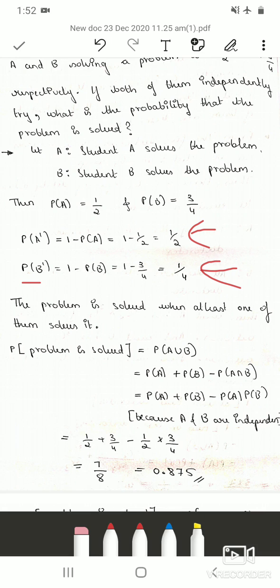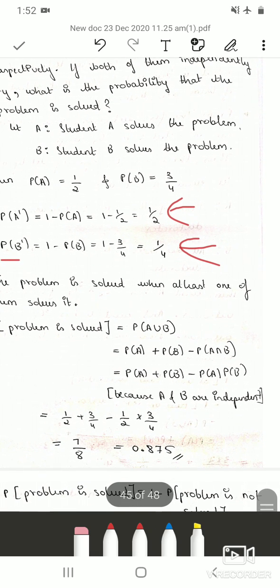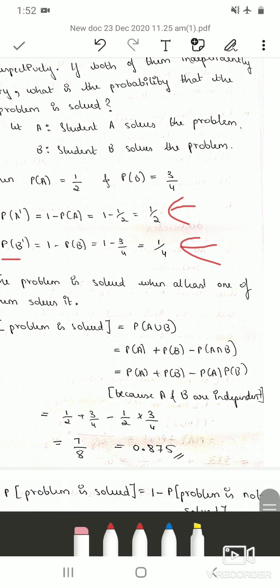The probability that the problem is solved is the probability of A union B, which is the probability of A plus the probability of B minus the probability of A intersection B, which equals the probability of A plus the probability of B minus the probability of A into the probability of B, because A and B are independent. Substituting the values, we get the probability that the problem is solved as 0.875.